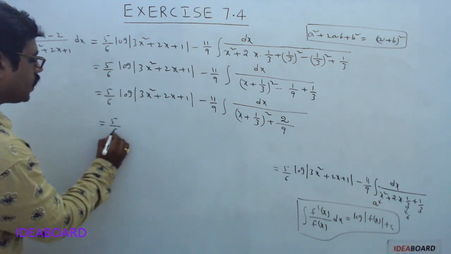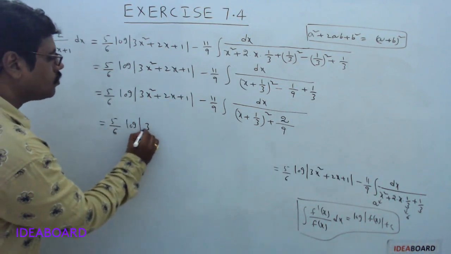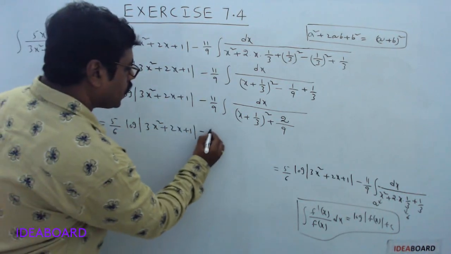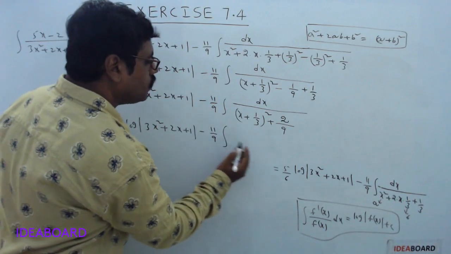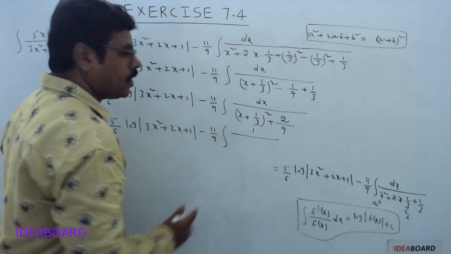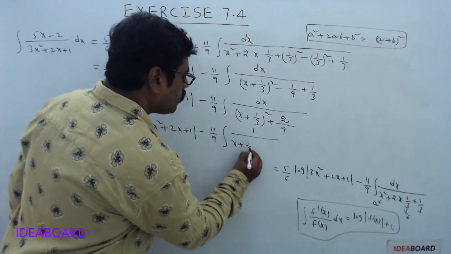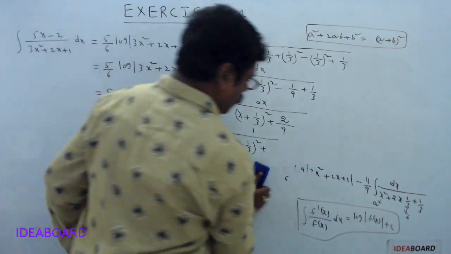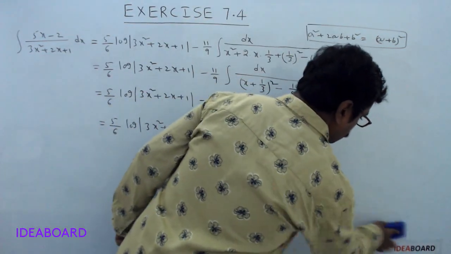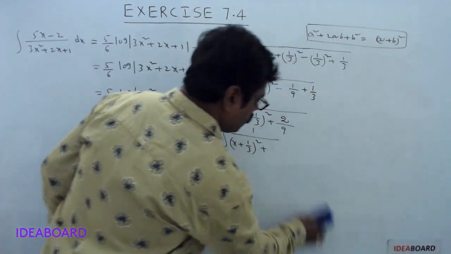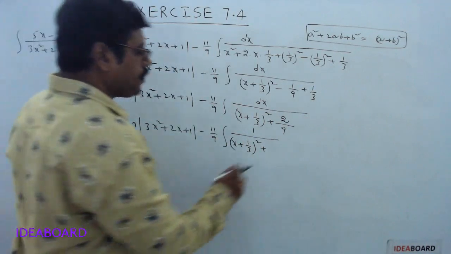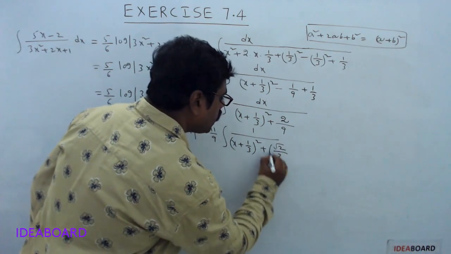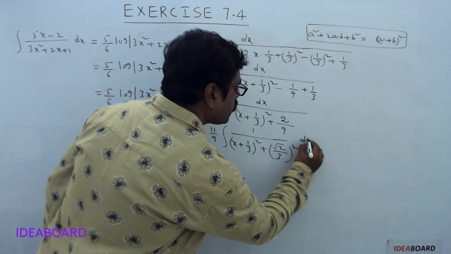Now once again, 5 by 6 into log mod 3x square plus 2x plus 1 minus 11 by 9 into integral 1 divided by (x plus 1 by 3) whole square plus, now here 2 by 9 can be written as (root 2 divided by 3) whole square dx.